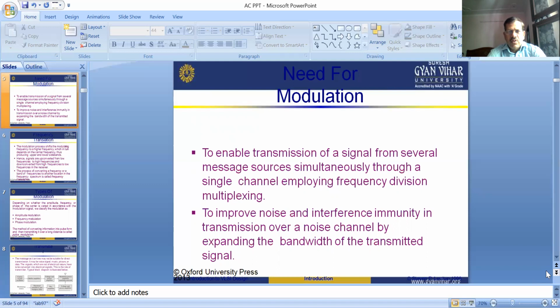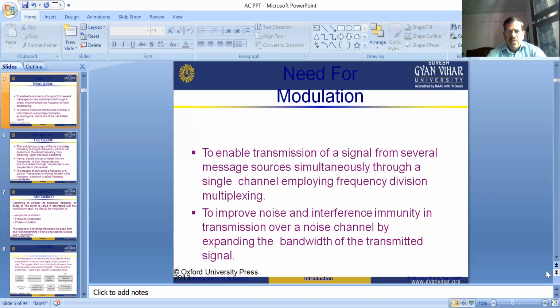That process is also called FDM, frequency division multiplexing. It is also used to improve noise and interference immunity in transmission.